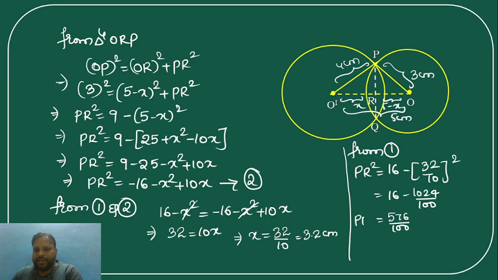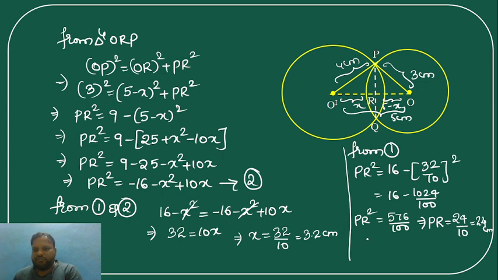This is the PR square value. So from here, when you take the square root, PR is root under 576 by root under 100. So that is 24 by 10, or else 2.4 centimeters. Got it? This is the PR value.